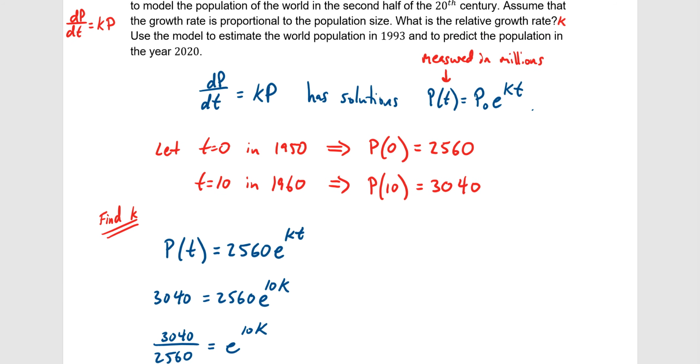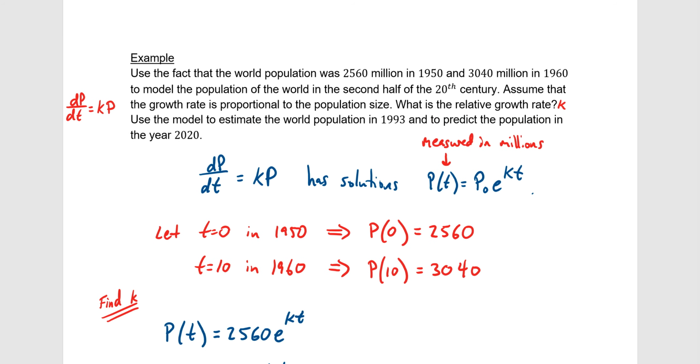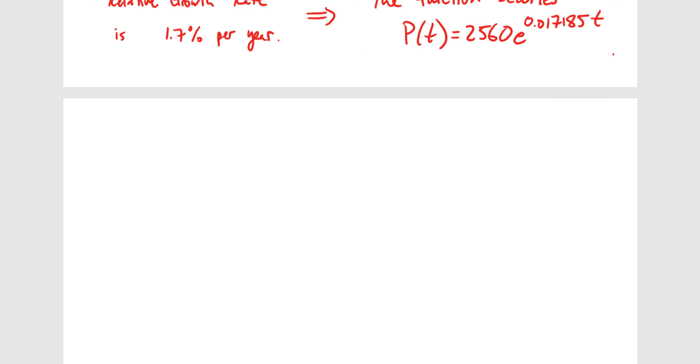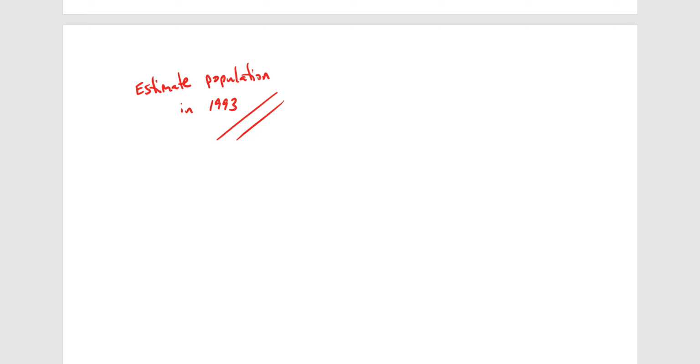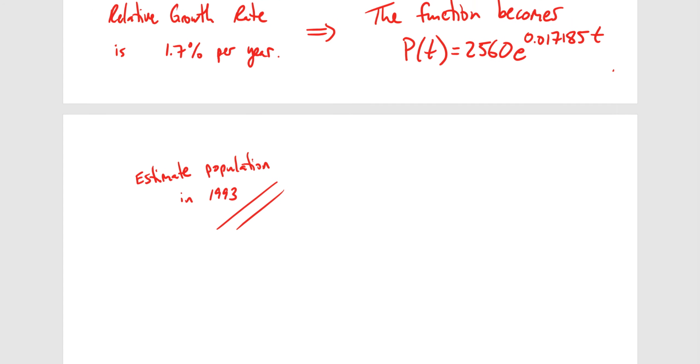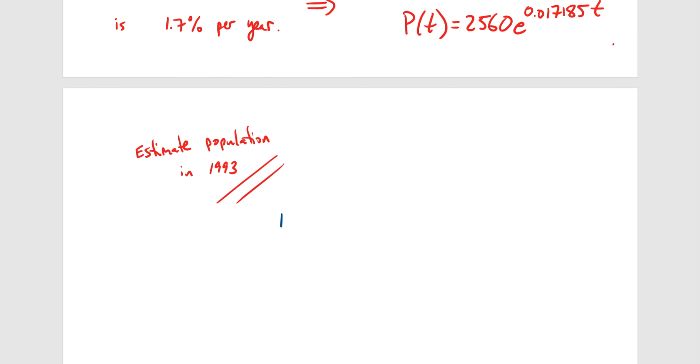And the next question was, use that model to estimate the population in 1993 and 2020. So I'm just going to rewrite the function here before I do anything. P of t equals 2,560 e to the 0.017185 t.